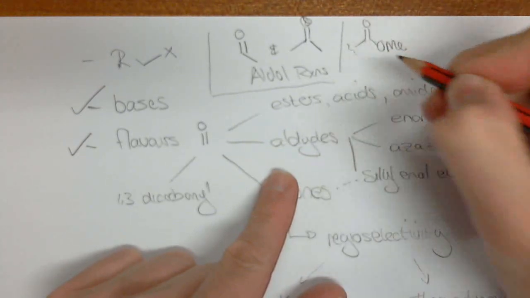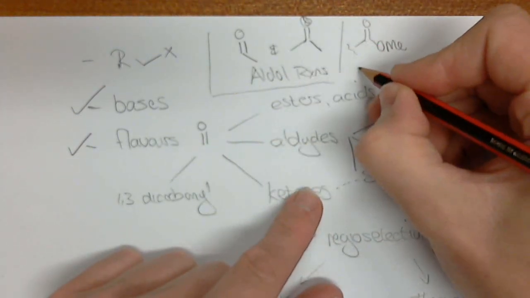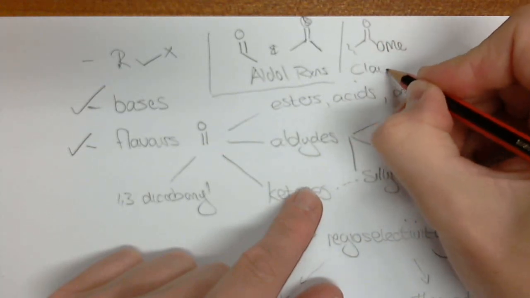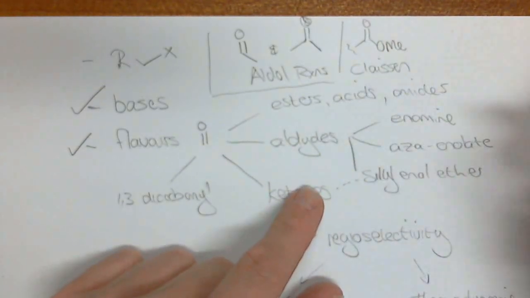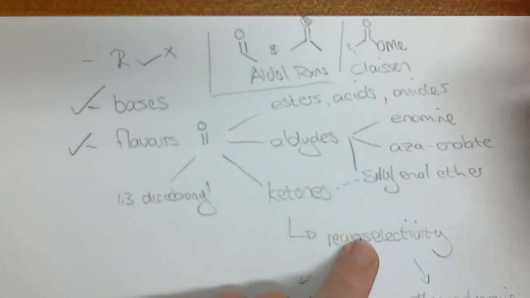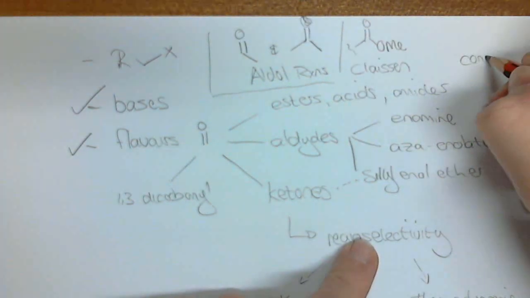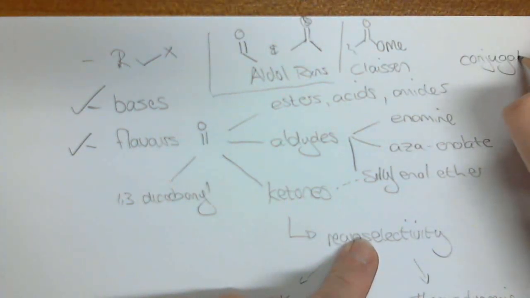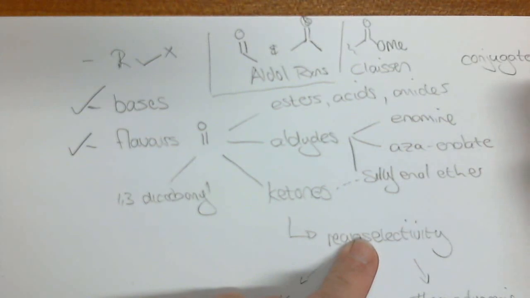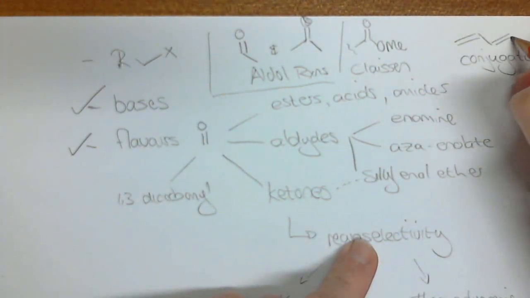This comes under the Claisen type reactions. And then the last one is the conjugate addition, and this is to compounds that look something like that.